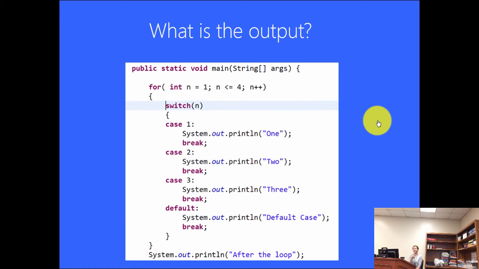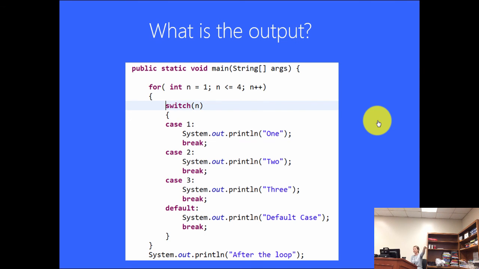Now remember, it's in a for loop. So the first time around, n equals 1. So it's going to print 1. The second loop around, n is going to equal 2. So it's going to print 2. The third time around, n is equal to 3. It's going to print 3. Now does it go a 4th time around? Yes, because n is less than or equal to 4. So it does go to 4.